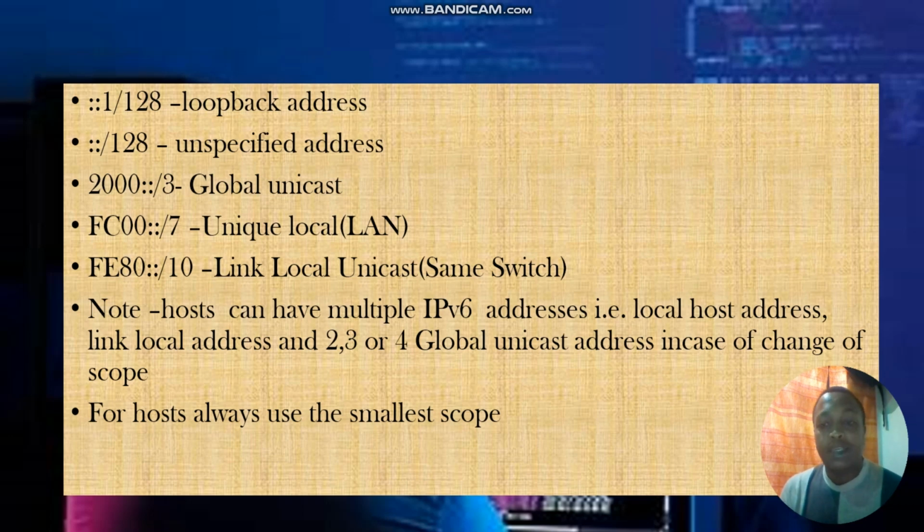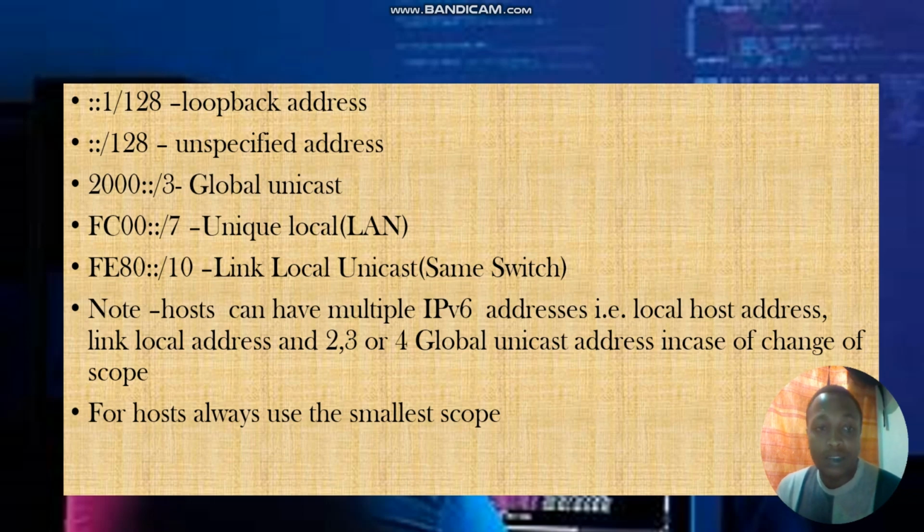Okay, the global unicast scope, the IP address range will be 2000::/3, meaning that when you put a prefix, the number behind the slash says that those specific bits are very significant and they represent a certain scope. So in the global scope, the IP address range will be 2000:: with a prefix of 3.